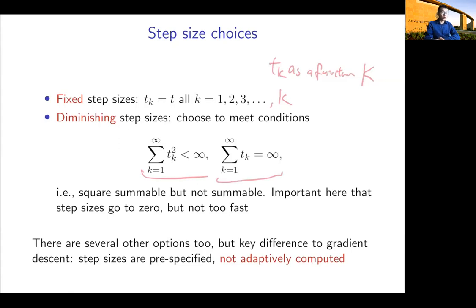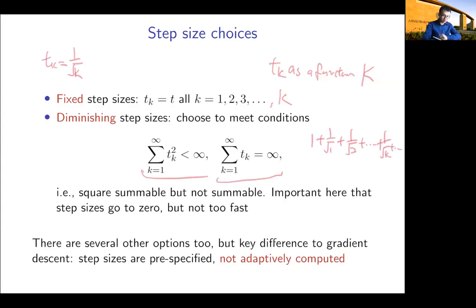1 over square root of k. Okay, that's an excellent answer. Let's check whether this choice of step sizes actually works. Suppose you choose tk to be 1 over square root of k. Let's check the second condition first, right? You get 1 plus 1 over square root of 2 plus ... plus 1 over square root of k.